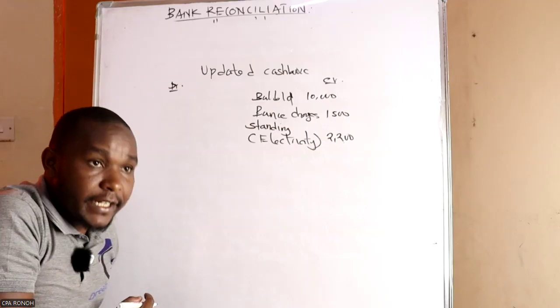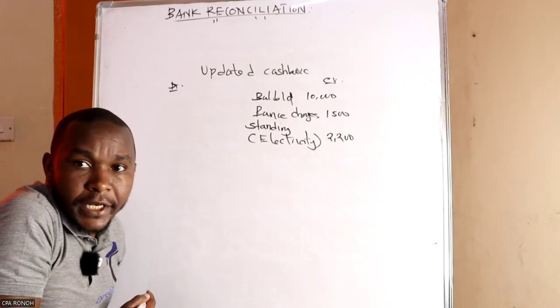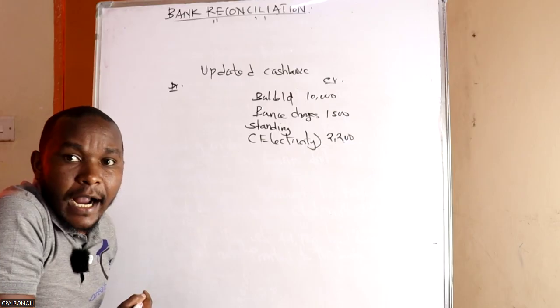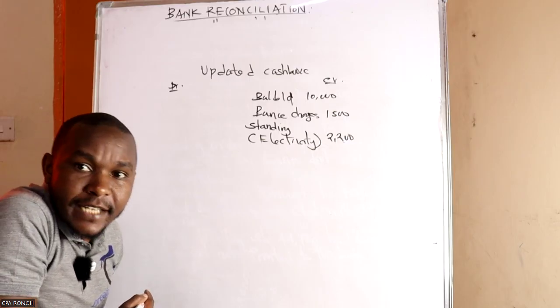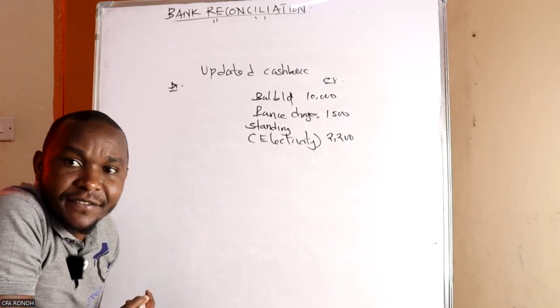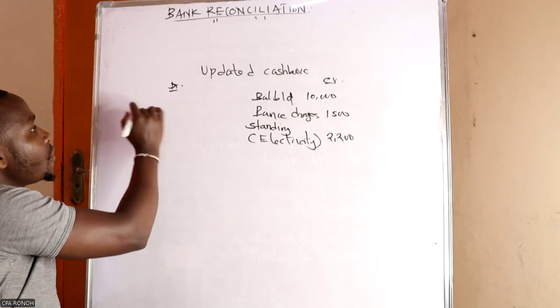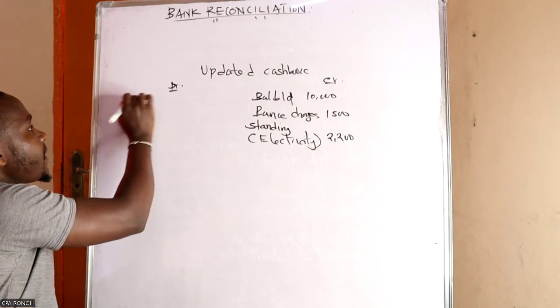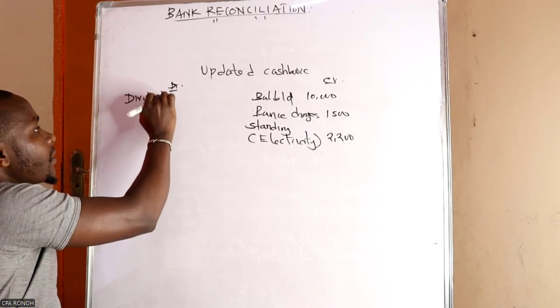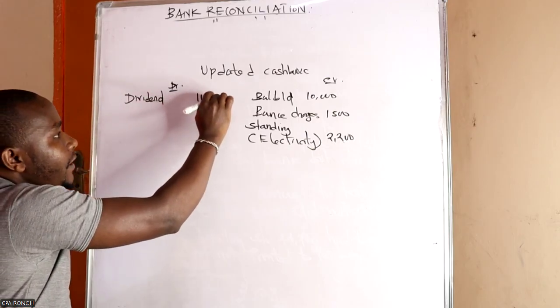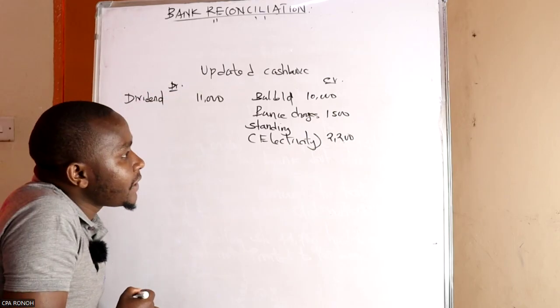So that is an income. What do we do for income? You debit cash or bank, you credit an income account, which is dividend income. So we are going to debit here dividend of 11,000.